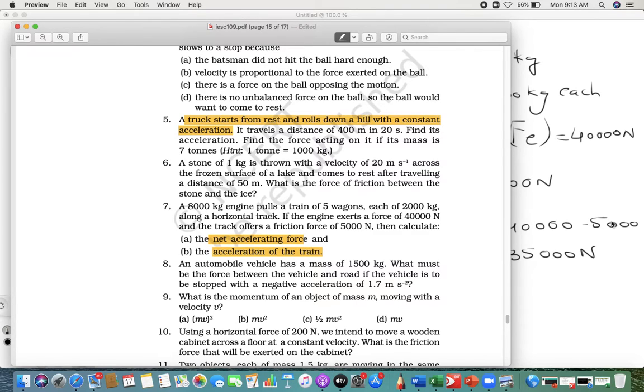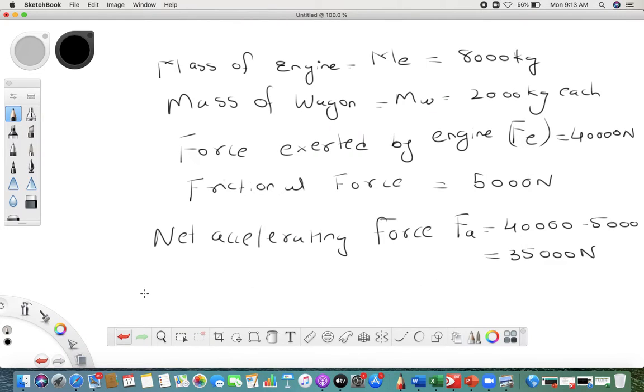So here, the mass of the engine is 8,000, and there are 5 wagons again. So what is the total mass? If you consider, the total mass will be 18,000 exactly. So first of all we find out the total mass.